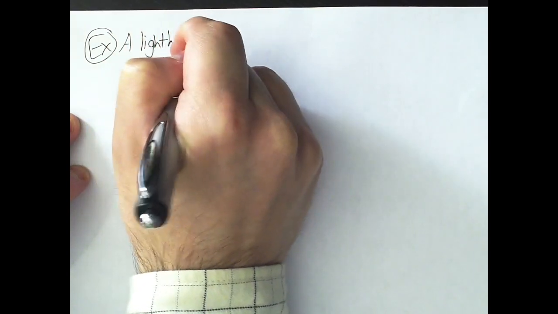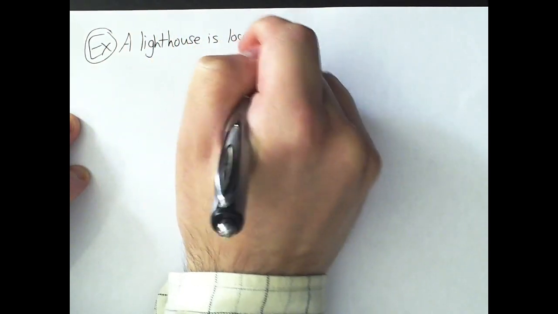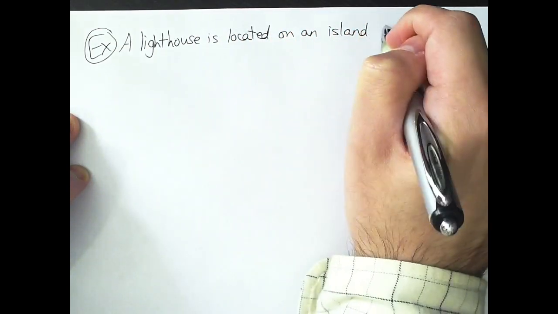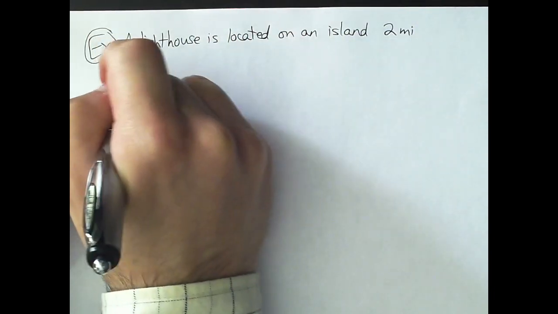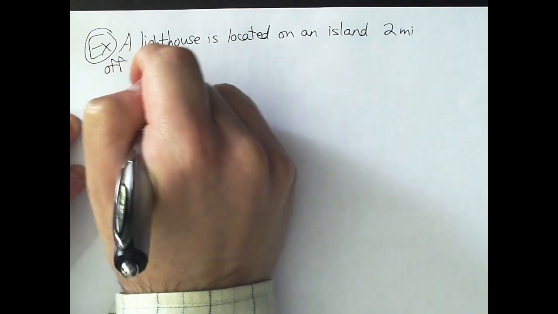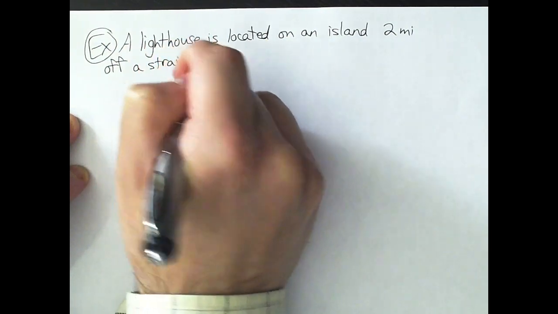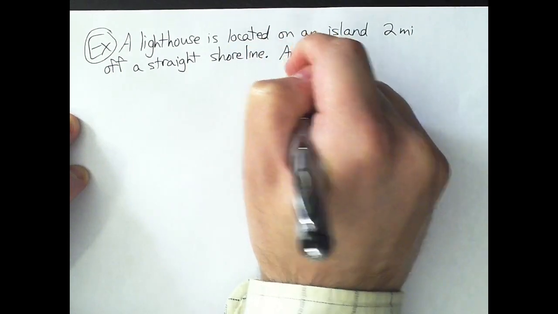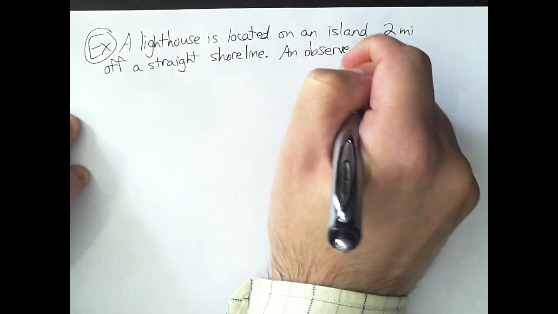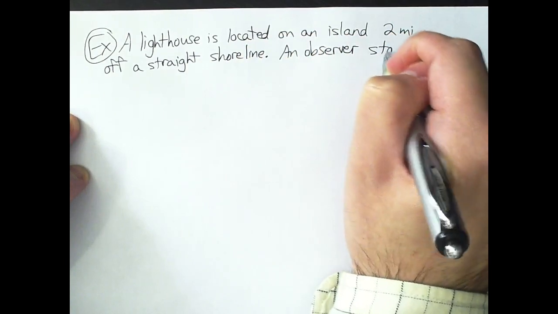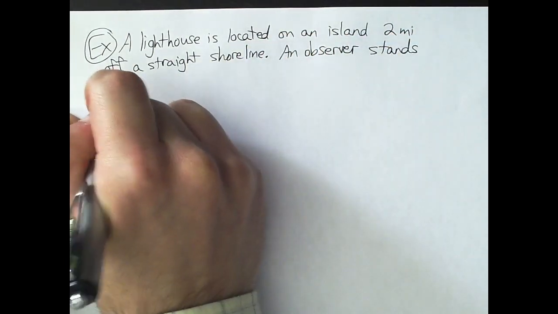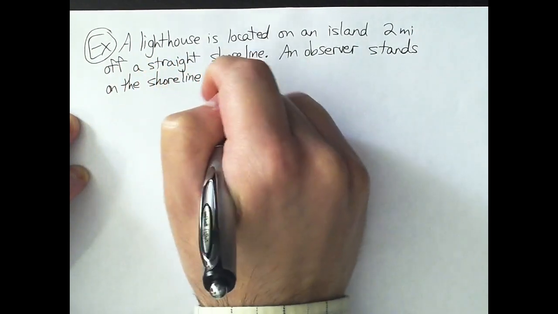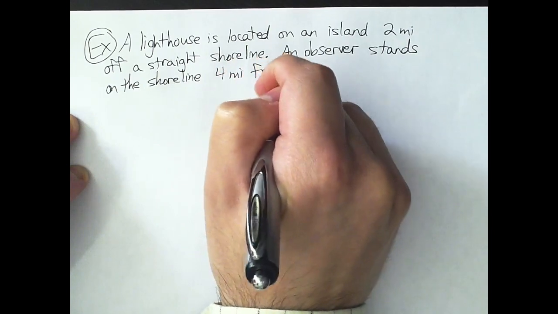A lighthouse is located on an island 2 miles off a straight shoreline. An observer stands on the shoreline four miles from the lighthouse.